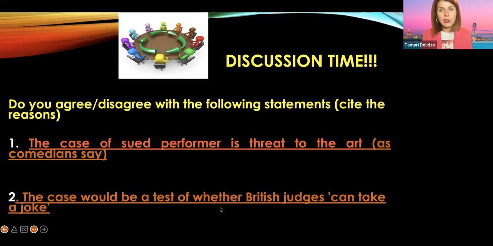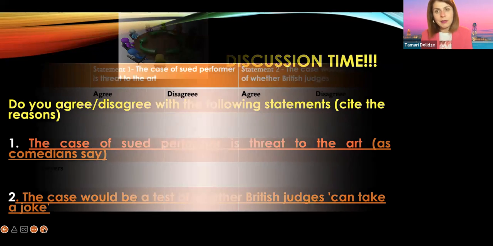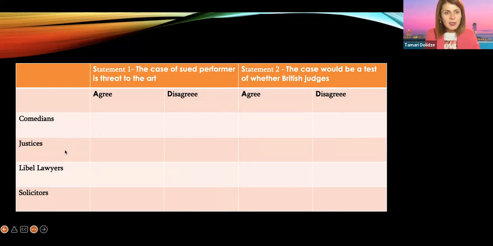So whether British judges still have a good sense of humor. These statements are answered by two groups of students. In this case, the students are divided into two groups, comedians and judges, and comedians, justices, libel lawyers, and solicitors.